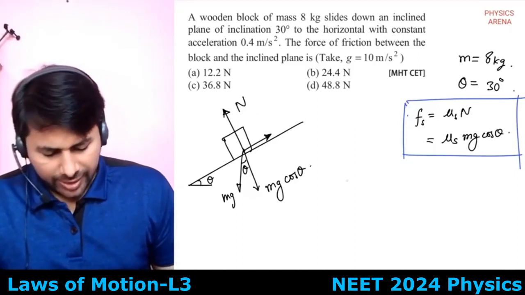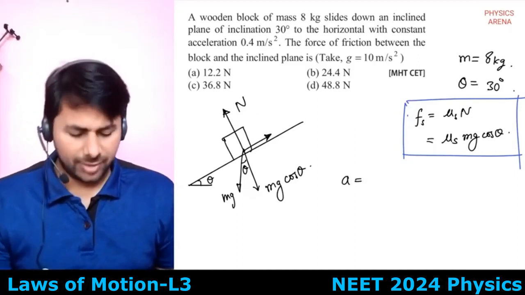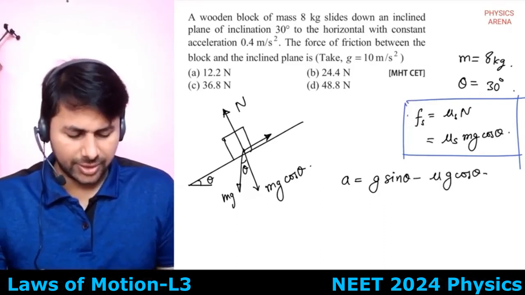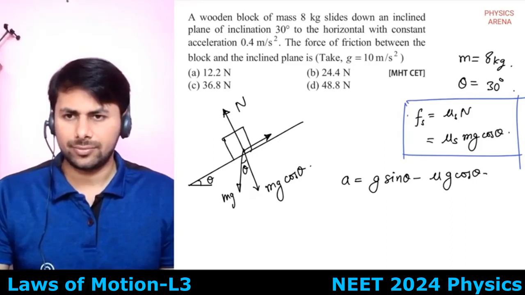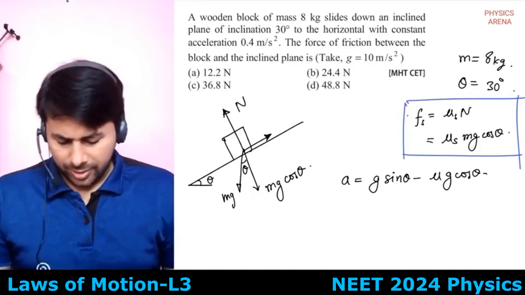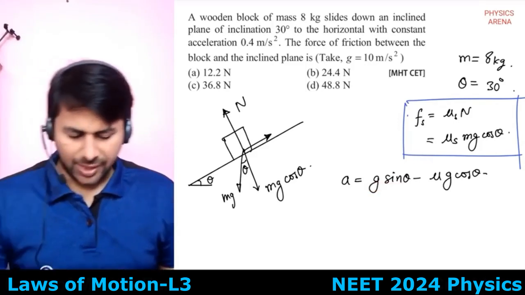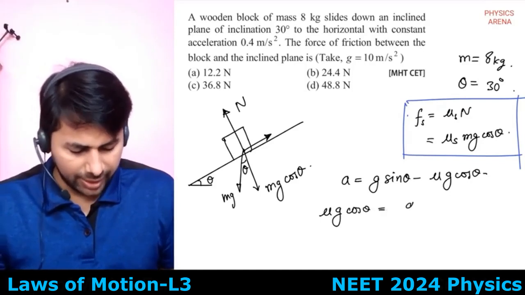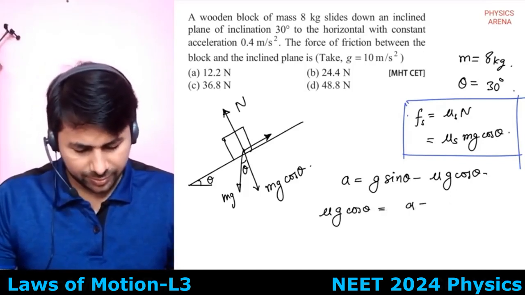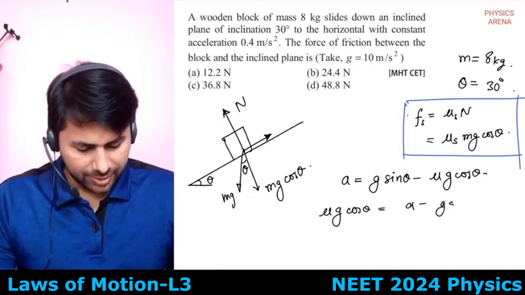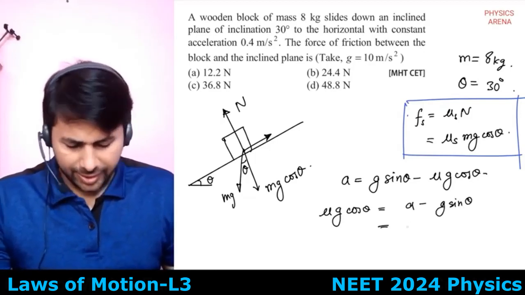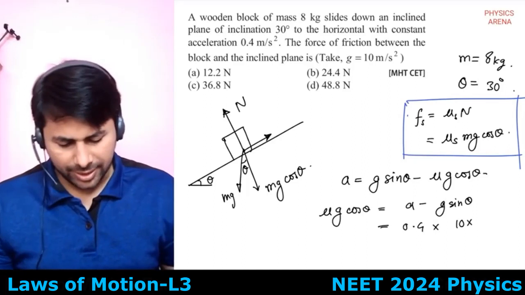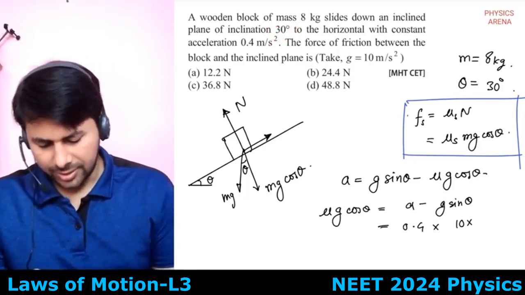So see, we can write acceleration will be equal to g sine theta minus mu into g cos theta. So g sine theta is g sine of 30 degrees. So I can say mu g cos theta is equal to g sine theta minus a, where a is given, 0.4. So 10 multiplied by sine of 30 degree, which is 1 by 2.